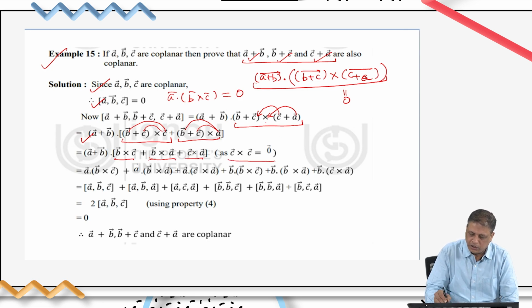Because C cross C is 0. This C cross C turns out to be 0, and we are left only with three vectors.